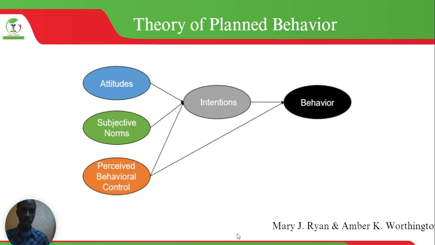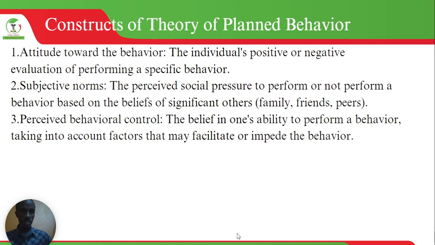So the building blocks of the theory of planned behavior, like you've seen in the pictorial representation, include the attitude towards the behavior. So we should think about the attitude towards the consequences of performing that behavior or the benefits that could result from this behavior. So does an individual have a positive or negative attitude towards that?